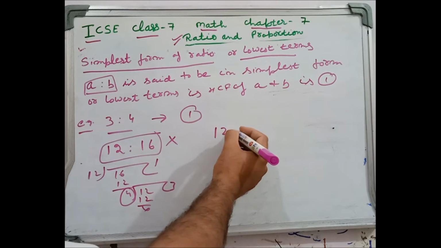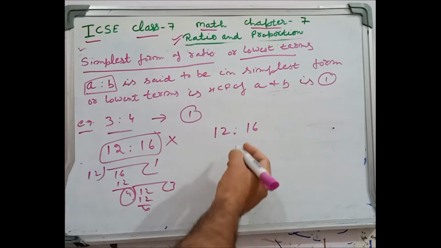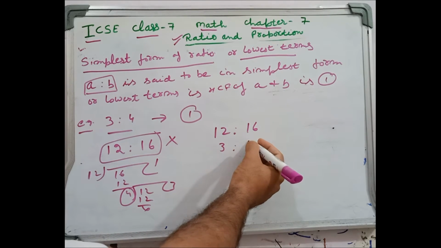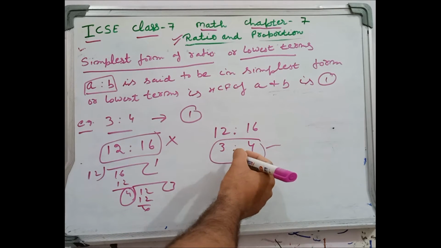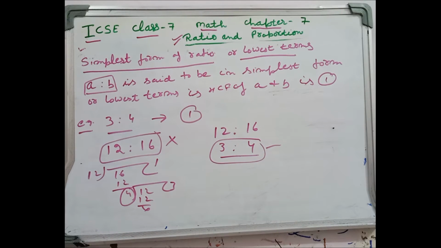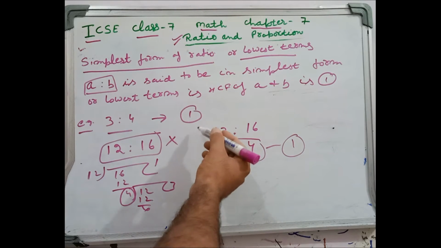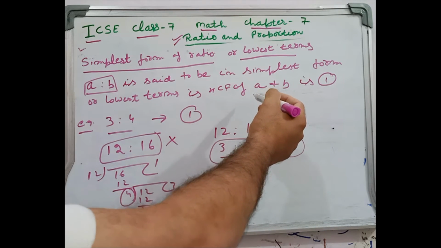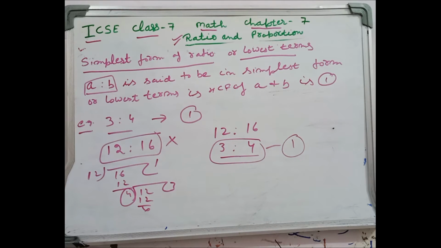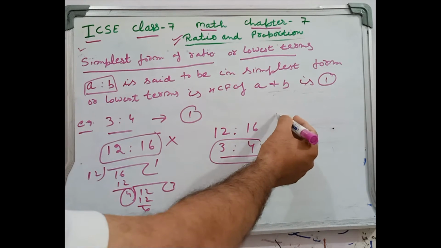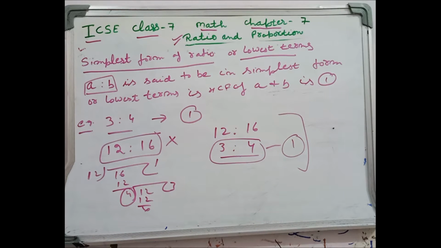We have to make them into simplest form: 4 threes are 12, 4 fours are 16, so these two have only 1 as HCF, so they are in simplest form or lowest terms. To change a ratio into its lowest terms, we have to divide the terms. So this is the simplest form of the ratio.